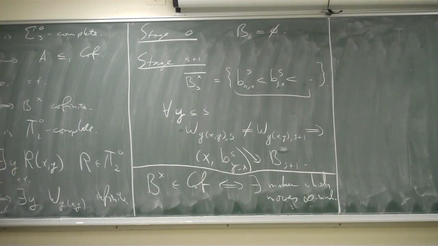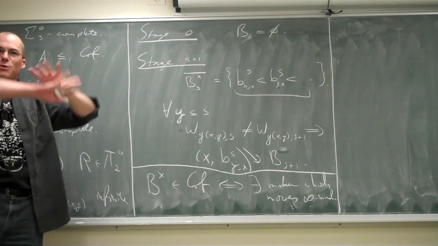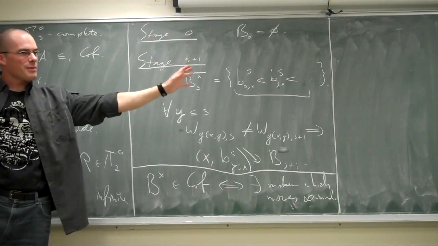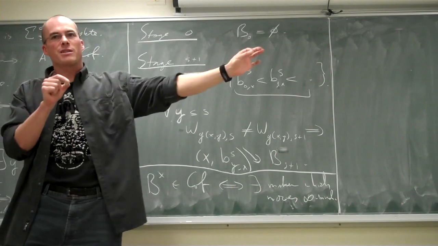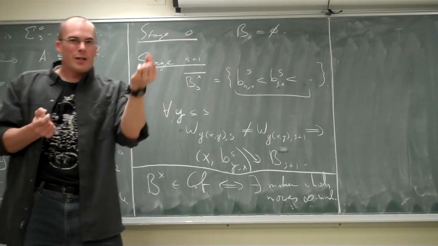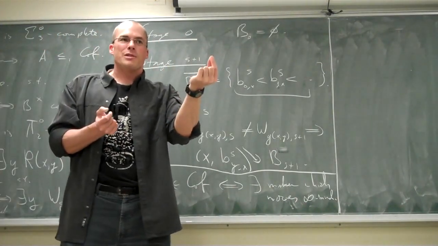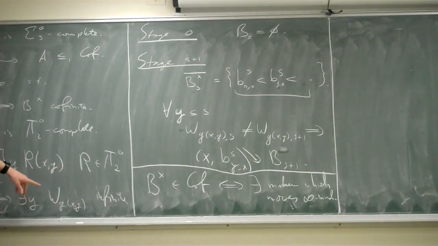But as soon as we have this, now in our construction of the set, let's just ignore the x column, think about one set. We enumerate its complement with markers, we put these markers in its place, and we make sure that the yth marker moves every time W_g(x,y) gets a new element.